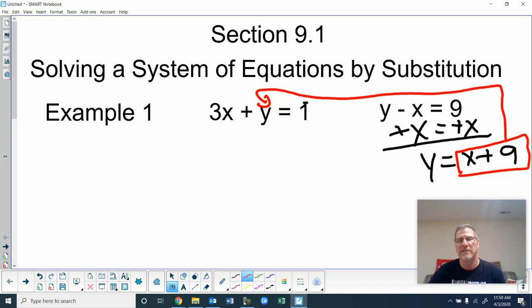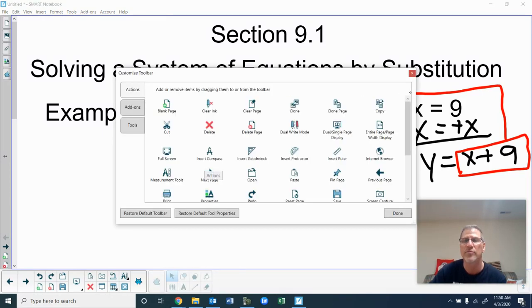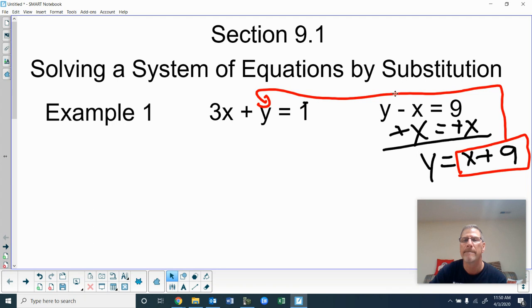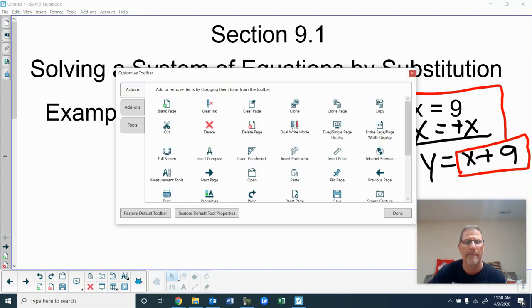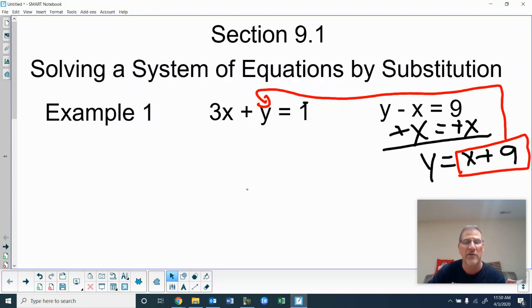All right, so then I'll have one equation with one variable. Okay, let's see if I can get this right here. I need a pen. There we go. Go back to black.